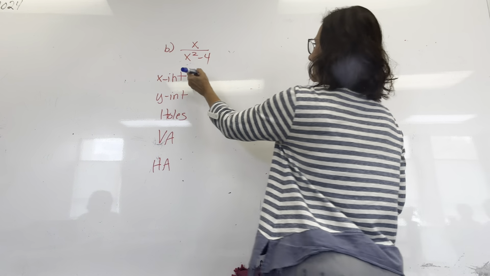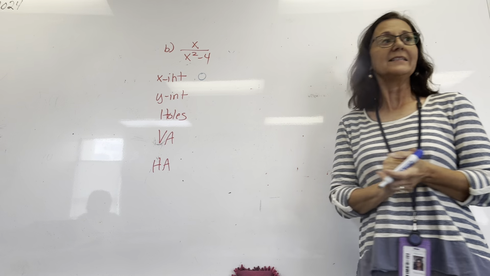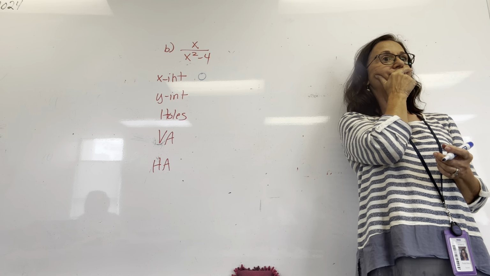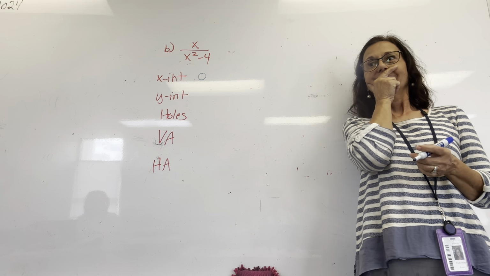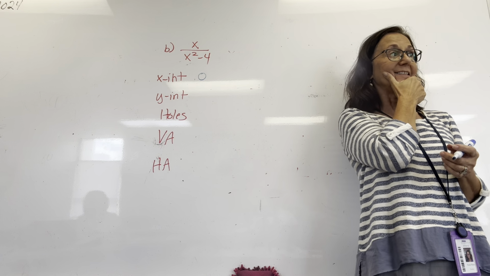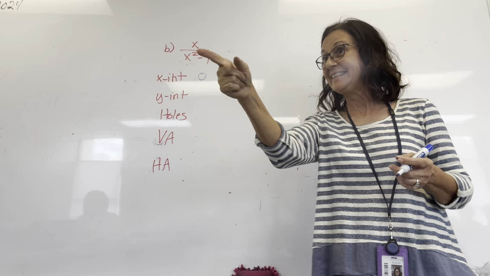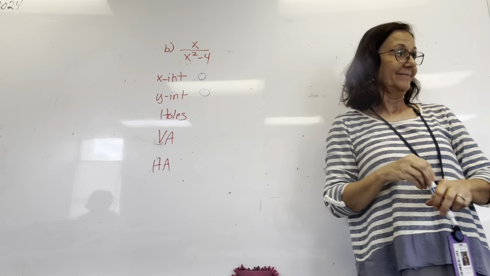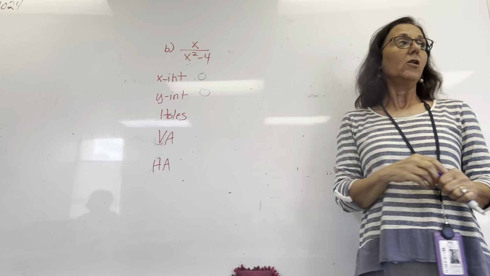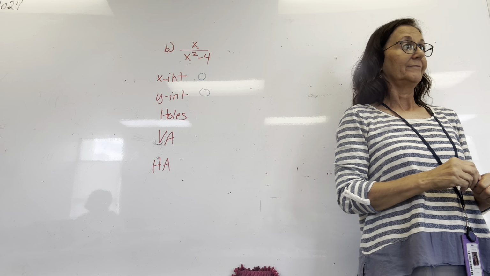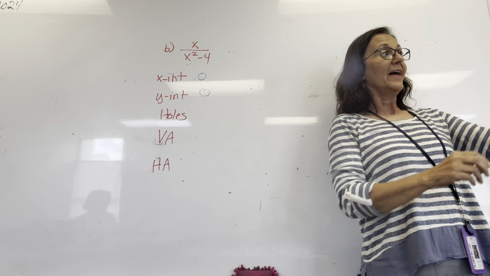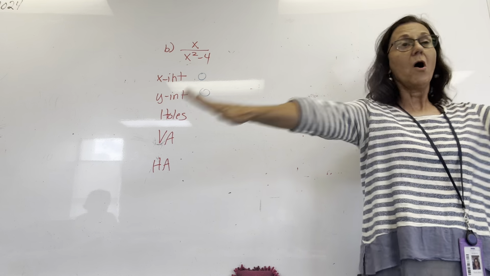Yes. Okay. Is there a y-intercept? At 0. 0 over -4. All right. Is there a hole in the graph? What are holes? Zeros of the numerator that are zeros of the denominator. No holes.